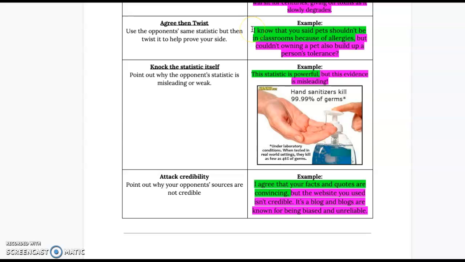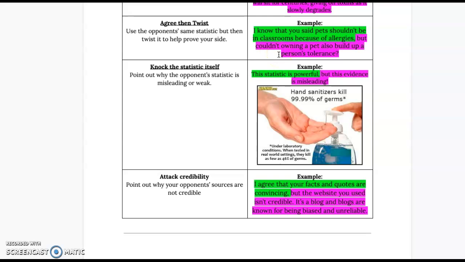So this writer acknowledged the other side with the counter-argument because obviously this writer's for having pets in classrooms, but they said, I know that you said pets shouldn't be in classrooms, but now they're going to have a comeback here to squash this counter-argument. Couldn't owning a pet also build up a person's tolerance? So that's twisting this evidence and making the reader believe in what they're saying.